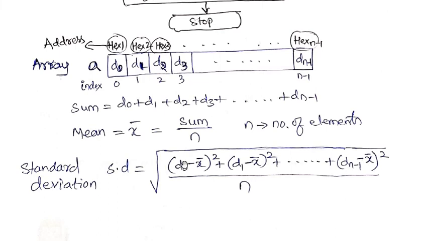So we take the difference of each element with respect to the mean and square it, take the sum of all those squares, divide by the total number of elements, and take the square root of that, which gives me the standard deviation. This is how we are going to calculate the sum, mean and standard deviation.